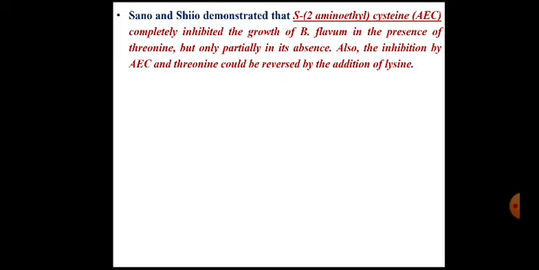Because aspartokinase is inhibited only in the presence of two metabolites, lysine plus threonine, or AEC plus threonine. Therefore, the presence of threonine is essential. Also, the inhibition by AEC and threonine can be reversed by the addition of lysine. So if lysine is added in the medium, this inhibition is reversed.